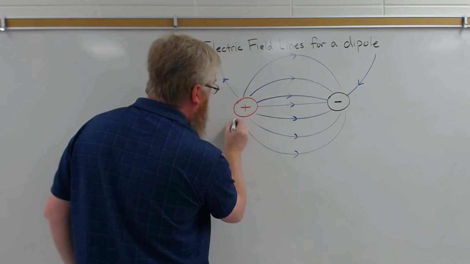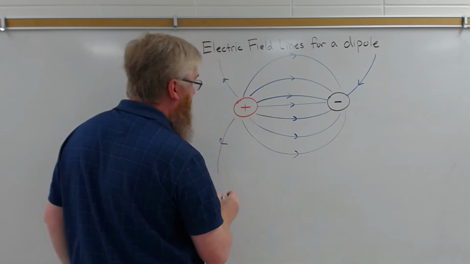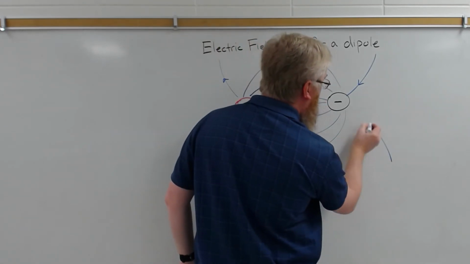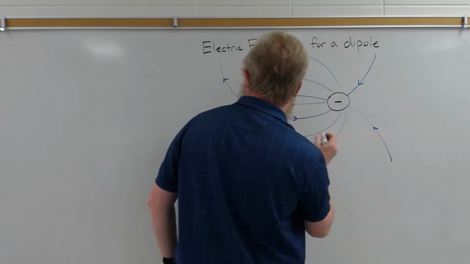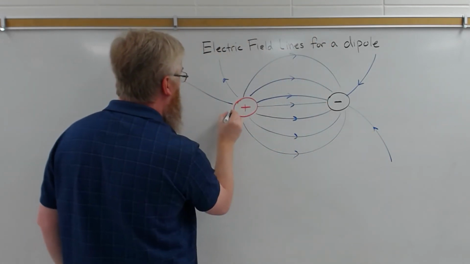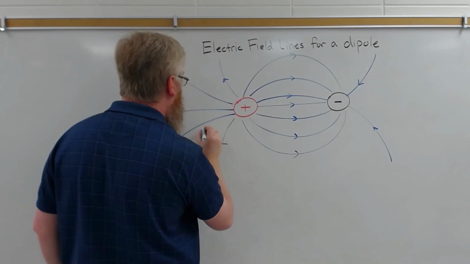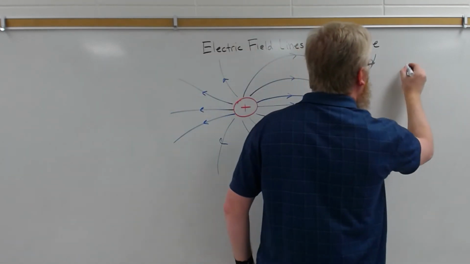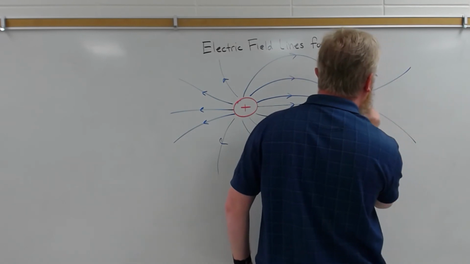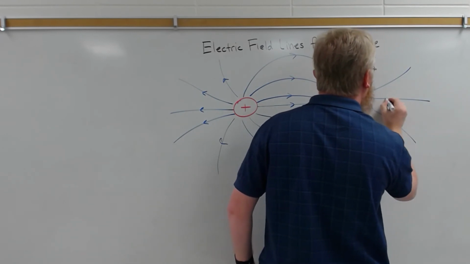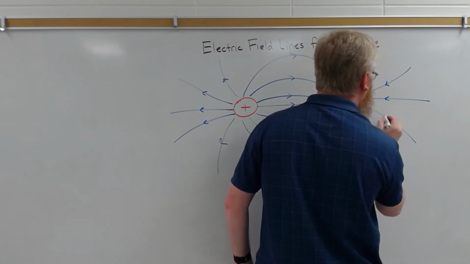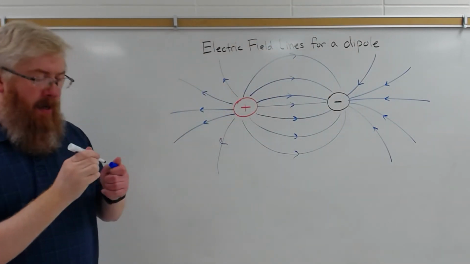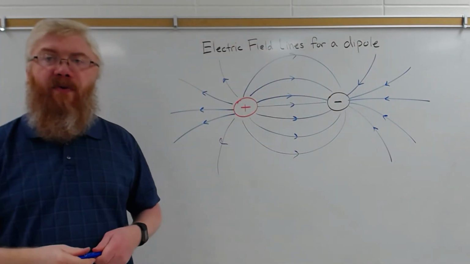This charge here, same way, the loop comes in and will come back over here. These 3 loops correspond to these 3 entry points here. And that gives us our approximate electric field around a dipole.